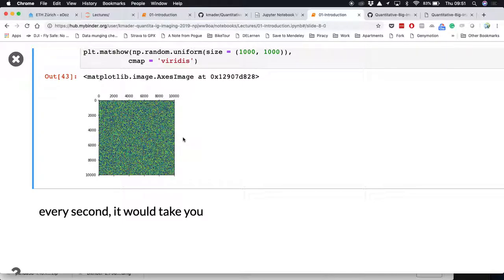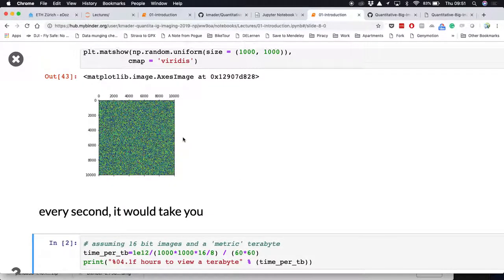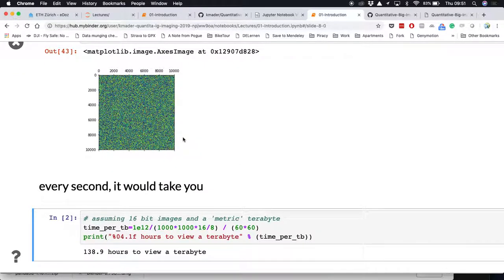If you were to look at one of those images every second, it would take you 138 hours to go through a terabyte of data. And so it's just wildly beyond your ability to actually look at each image individually.